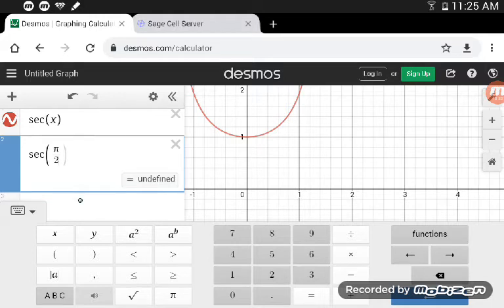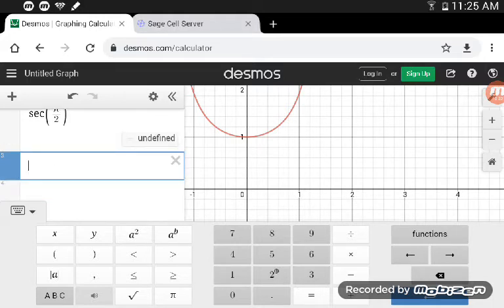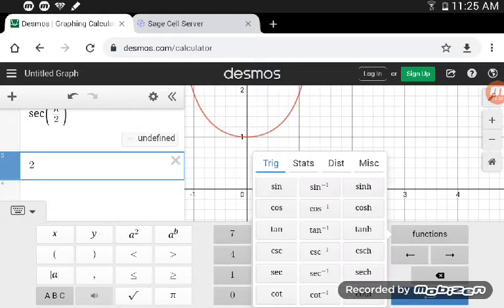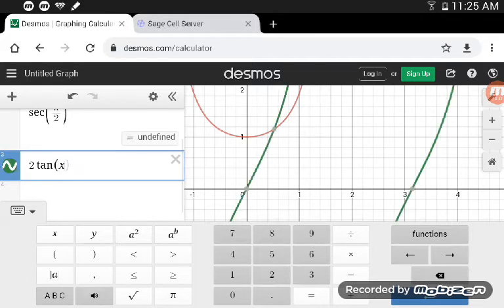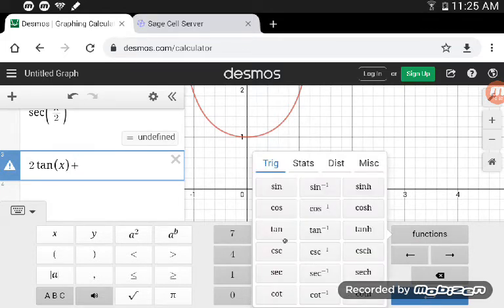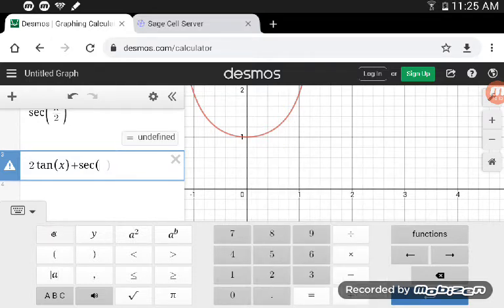And I could also check down here. What do we have? 2 tangent. So functions tangent, and again, use x when you're plotting stuff on Desmos. 2 tangent x. Oh, it got dark in here because I guess I'm not moving around enough. Plus secant. So I need my function again here, secant x. And there we have that.